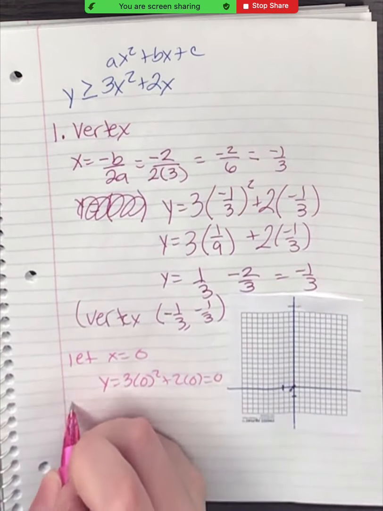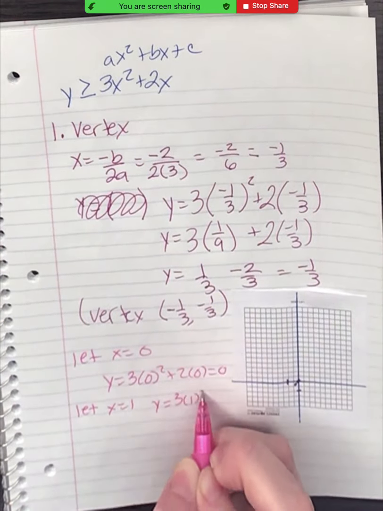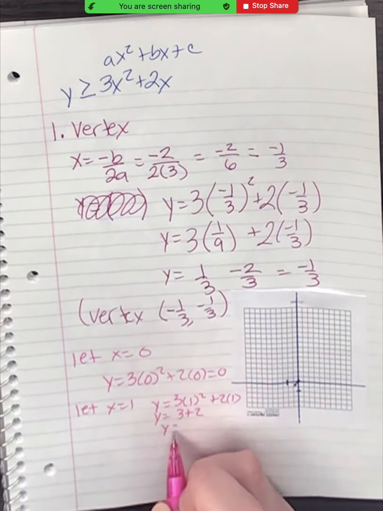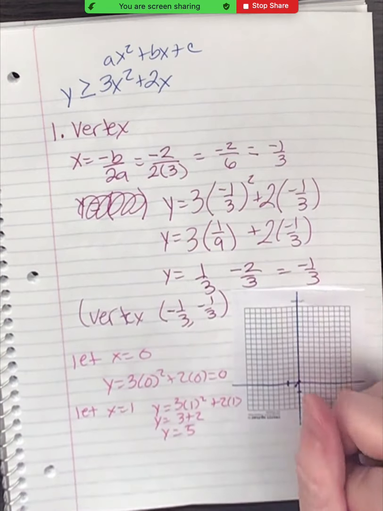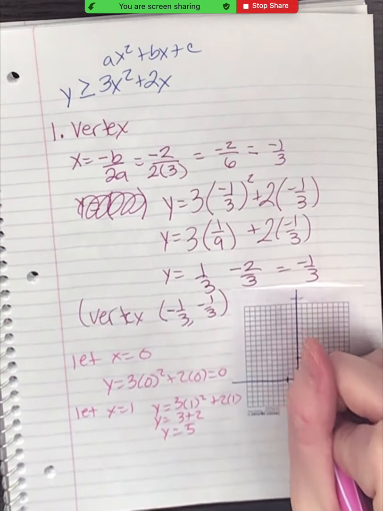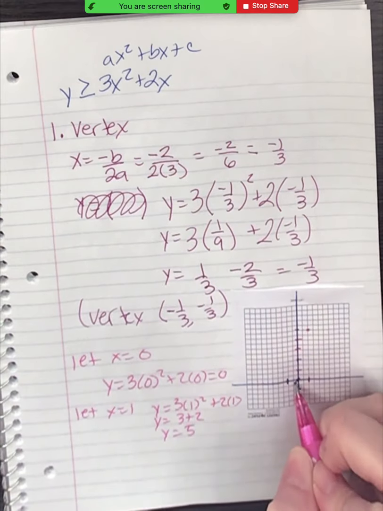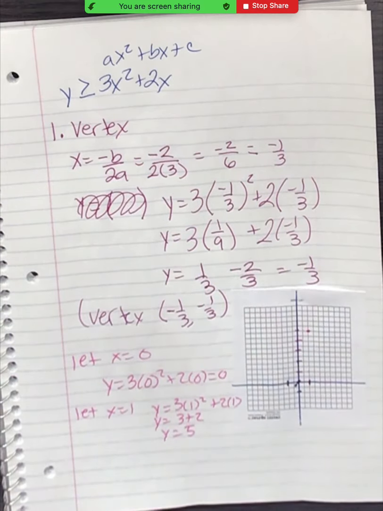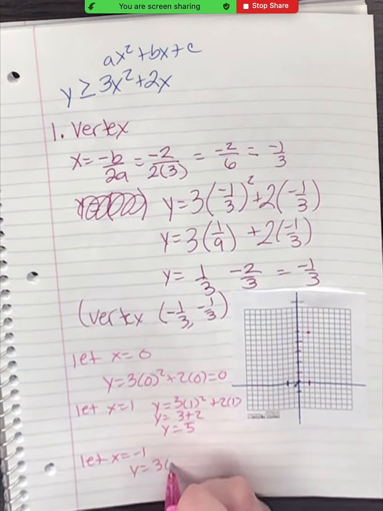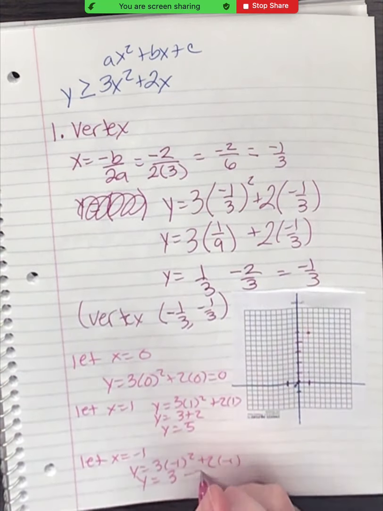Okay, if x is 1, then we get 3 times 1 squared plus 2 times 1, so we get 5. Okay, so then you could do when x is negative 1. y equals 3 times negative 1 squared plus 2 times negative 1. So it's 3 minus 2.